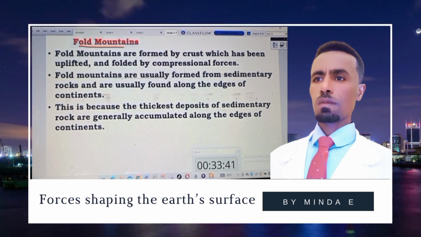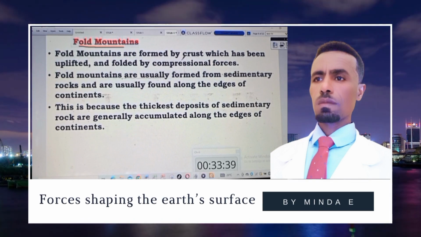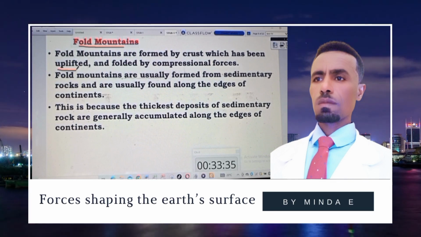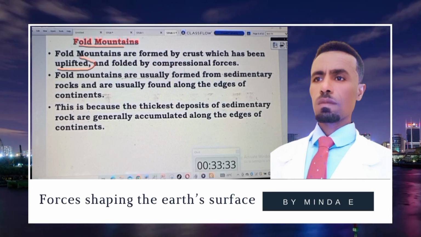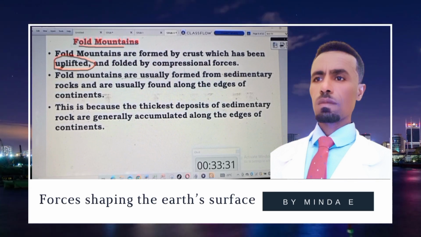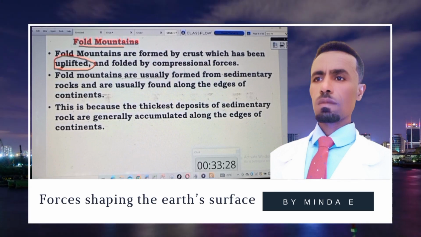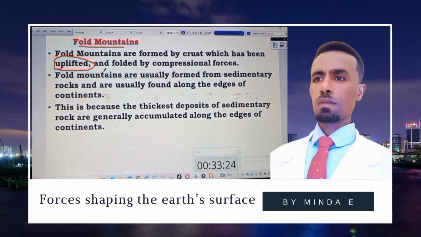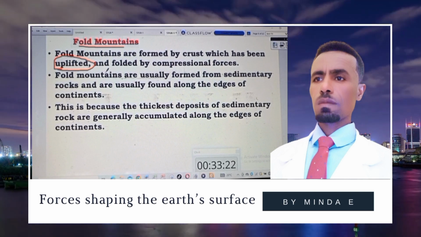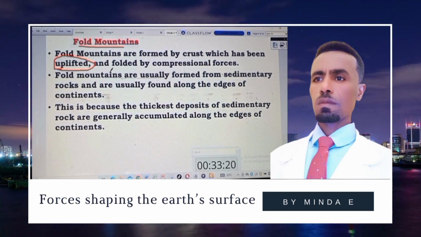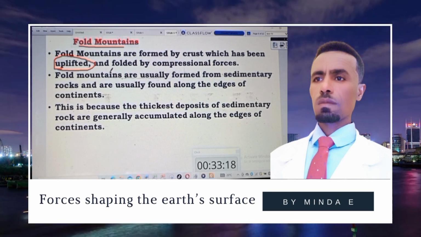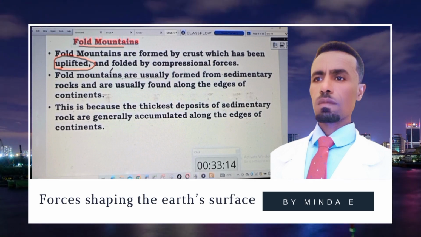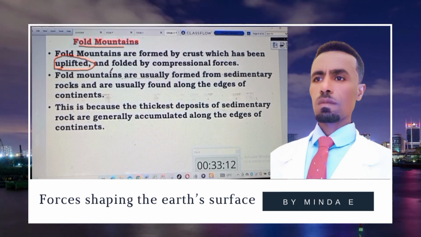Fold mountains are formed by crust which has been uplifted. So fold mountains are a type of mountains formed when the crust is uplifted from the internal part towards the surface of the land.